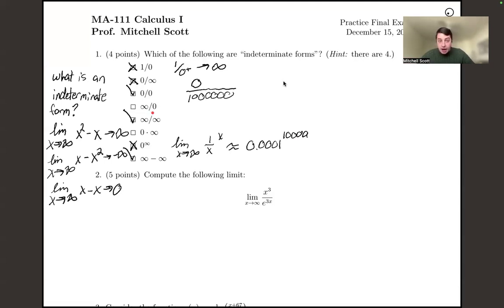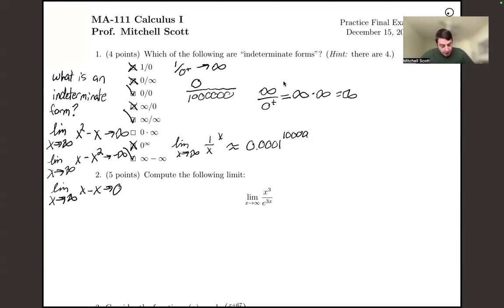And lastly, this infinity over 0 is kind of a culmination of this argument. If we have a really big number and we're dividing by a very, very small number, that's almost the same as having a really big number times a really big number, which is infinity. So we know what these are. Just because a limit goes to infinity doesn't necessarily mean that it's an indeterminate form.